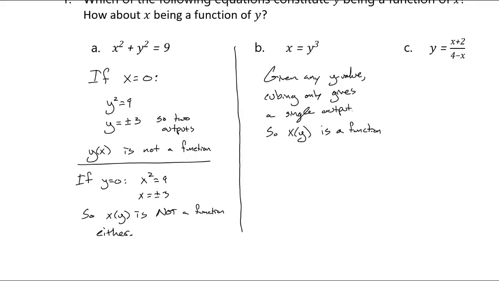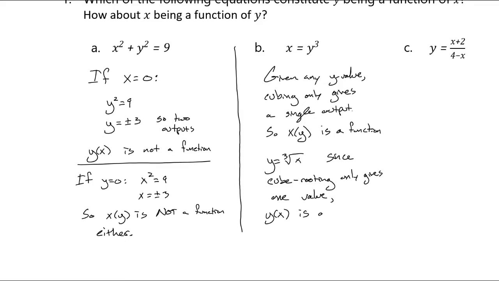And if I solve for y in this, I'd get y equals the cube root of x. And so since cube rooting only gives one value, y of x is also a function. So that one's not too bad.